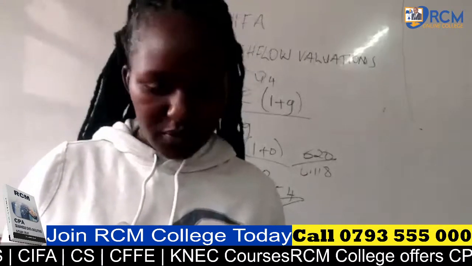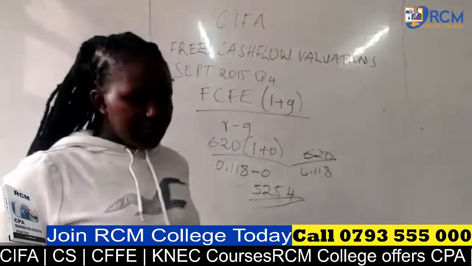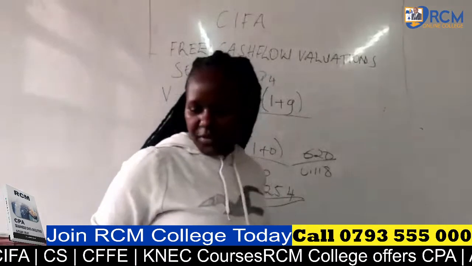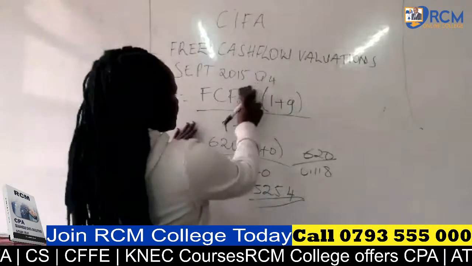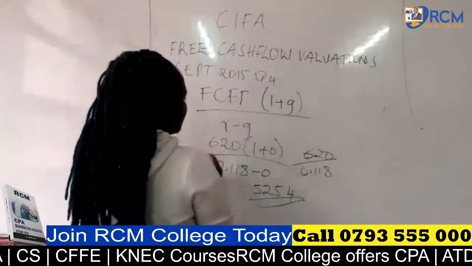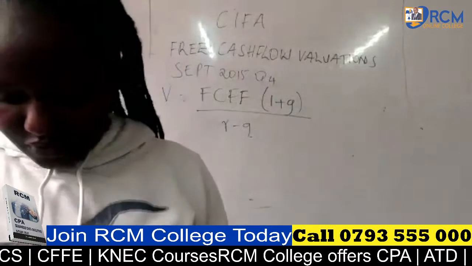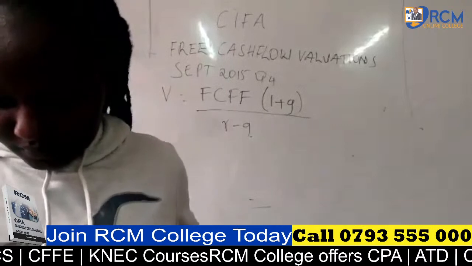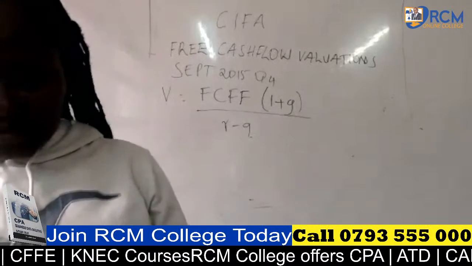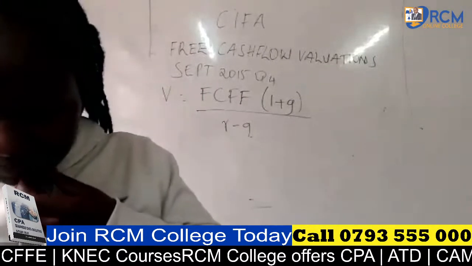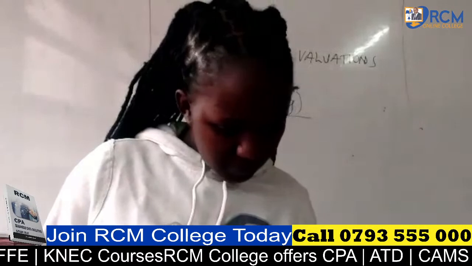Then the final question asks us to get the value using the free cash flow to the firm approach. Previously we used free cash flow to equity; now we are using free cash flow to the firm. The formula remains the same, but we use the weighted average cost of capital.